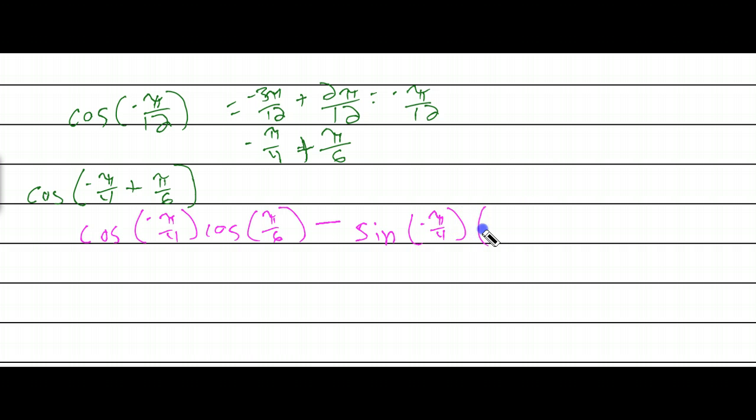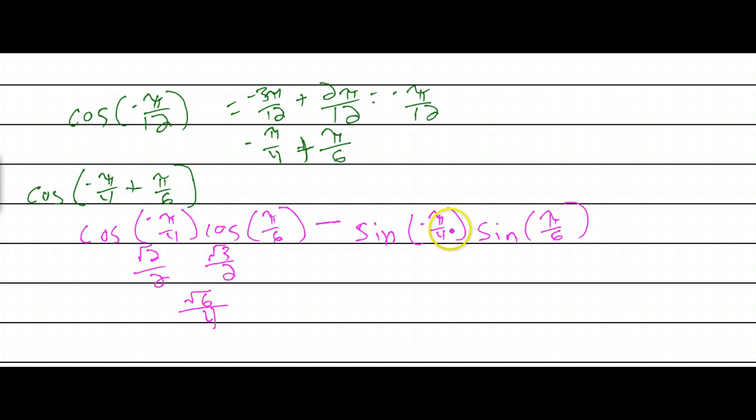It's just going to be just times sine of pi over 6. So I'm using the table we have from up top. We know cosine of pi over 4 is just square root of 2 over 2. Cosine of pi over 6 is square root of 3 over 2. And this is going to give us square root of 6 over 4.